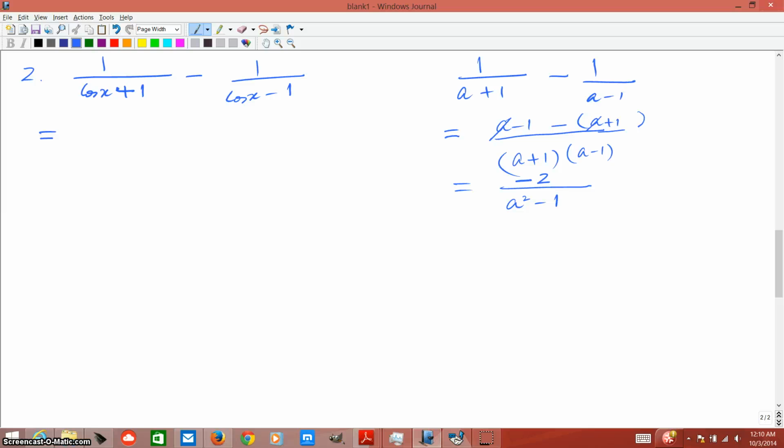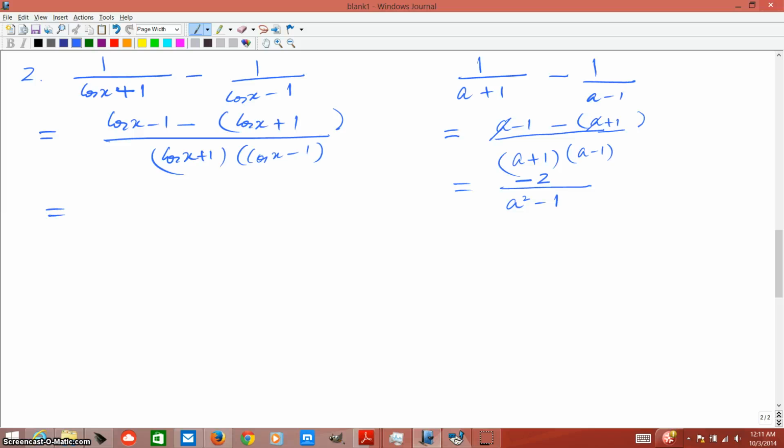Exact same idea. So I'm going to come up with the common denominator, cosine x plus 1 times cosine x minus 1. And here it comes out to be cosine x minus 1 minus, and put it within parentheses, the other denominator, whatever you had, you multiply by that one, right?